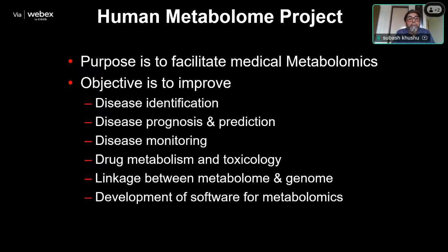The purpose is to facilitate medical metabolomics, and the objective is to improve disease identification, disease prognosis and prediction, disease monitoring, drug metabolism and toxicology, linkage between metabolome and genome, and development of software for metabolomics. This is all the mandate, the objective of this Human Metabolome Project.